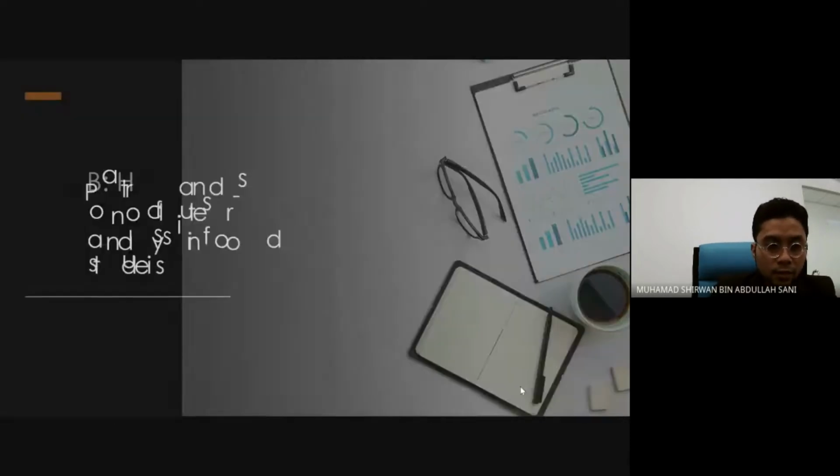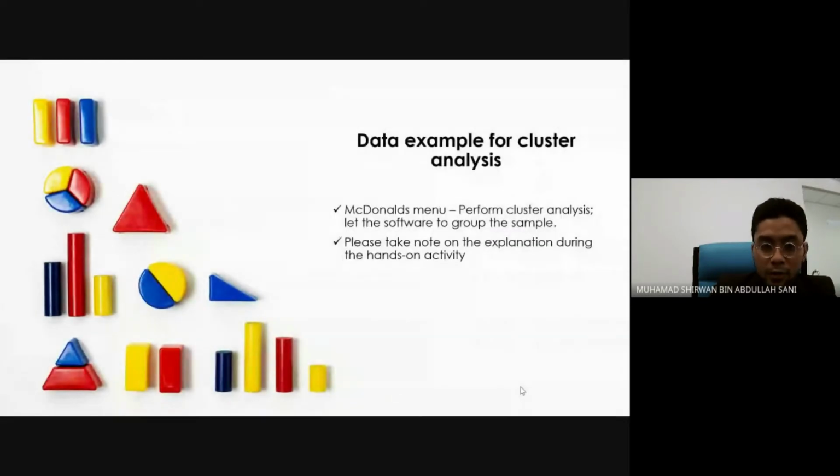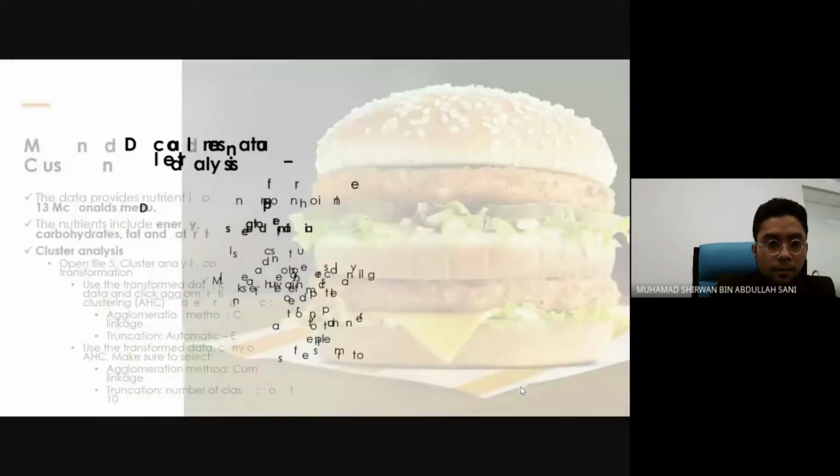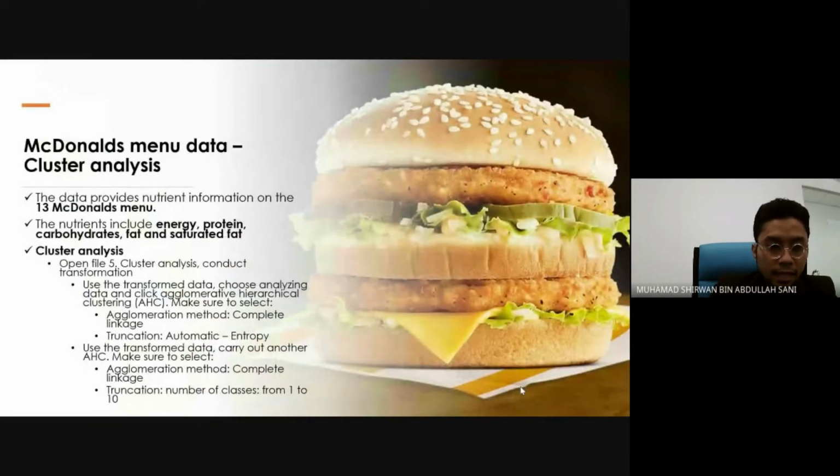Then we have the hands-on cluster analysis. Again, we use the McDonald's menu. So we perform the cluster analysis. Yesterday, we conducted cluster analysis twice in the Excel step. We don't name it cluster analysis, but we name it agglomerative hierarchical clustering (AHC).